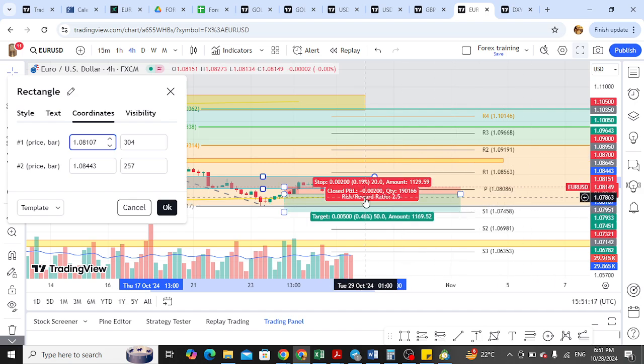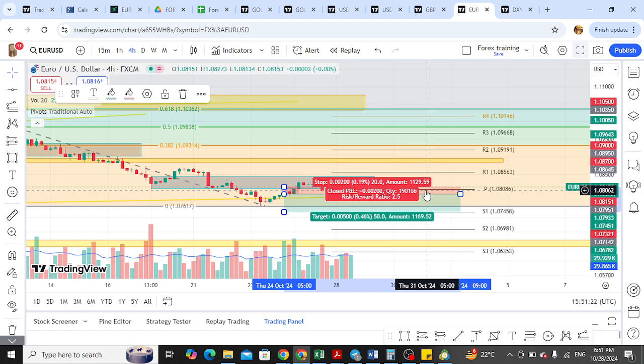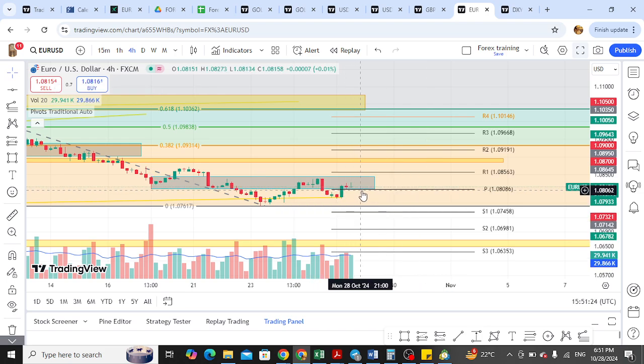Could be. Delete this. It's bouncing off this trend line, so we might see there was a retest here of the volume.